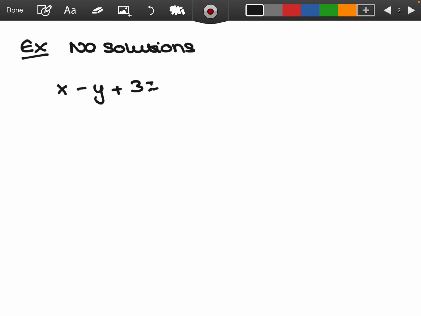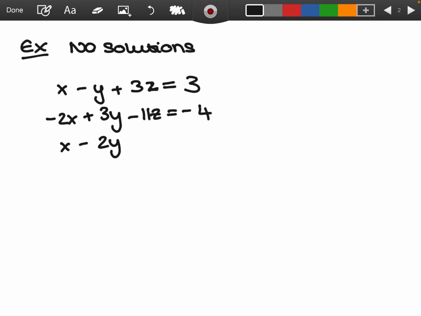So our system is going to be x minus y plus 3z is equal to 3. And then we're going to have negative 2x plus 3y minus 11z is negative 4. And x minus 2y plus 8z is equal to 6.